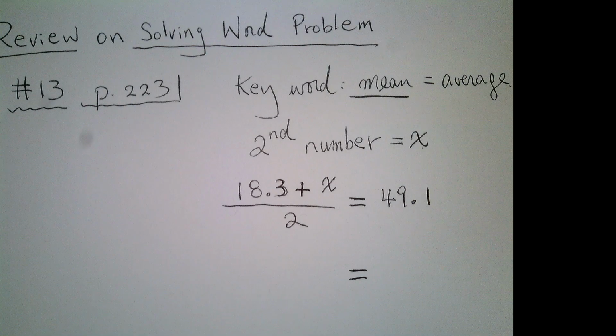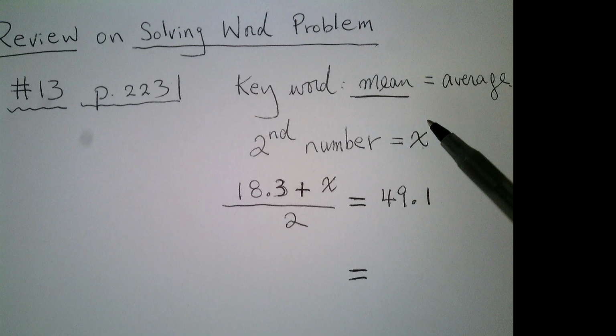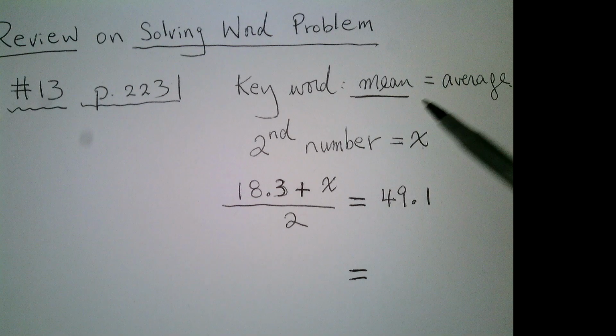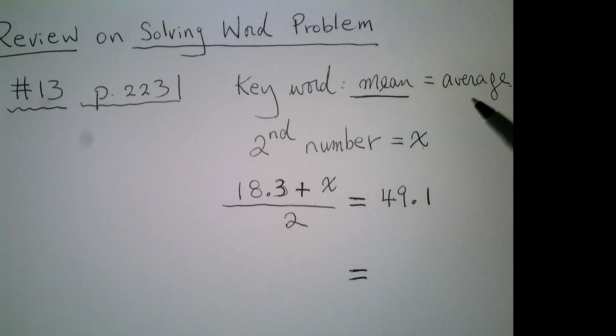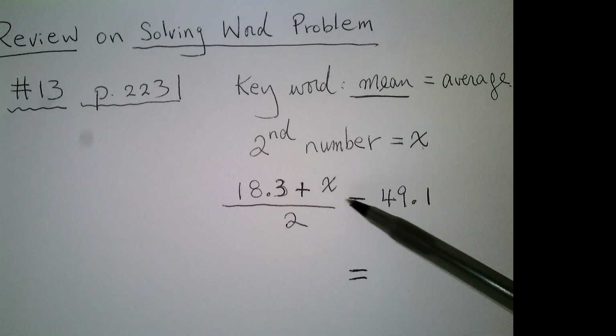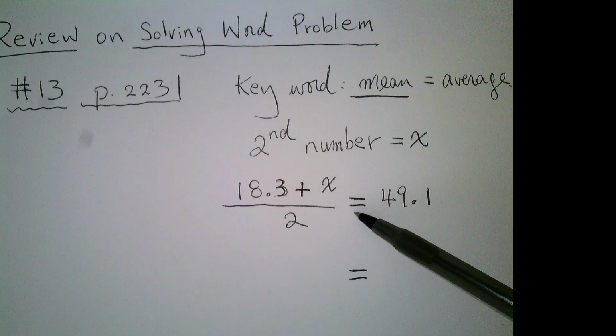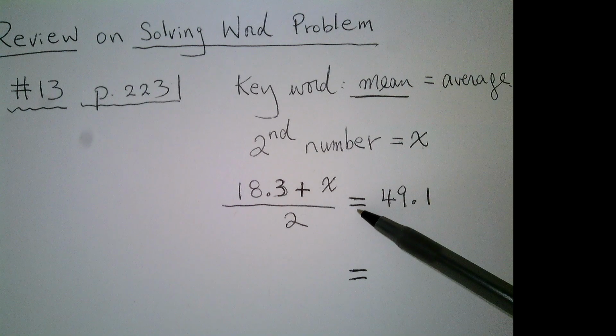Like question 13. I read question 13 and I spot the keyword mean. So the mean means average. Okay? So the question said there are two numbers. The average is 49.1. The word is replaced by a mathematical symbol, the equal sign.